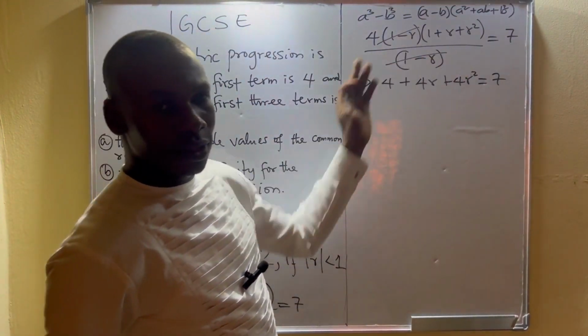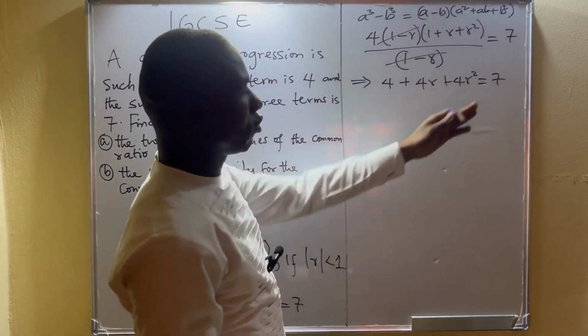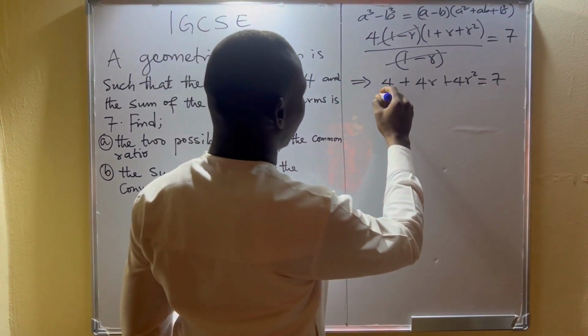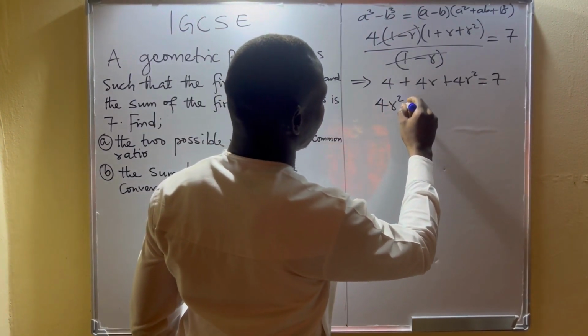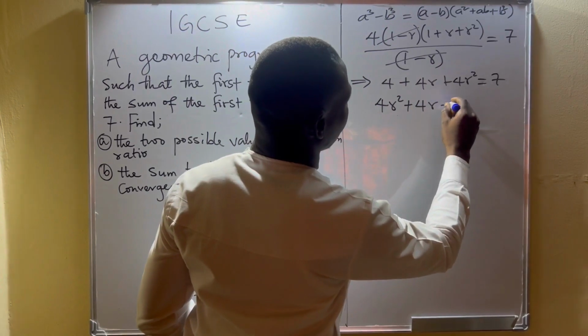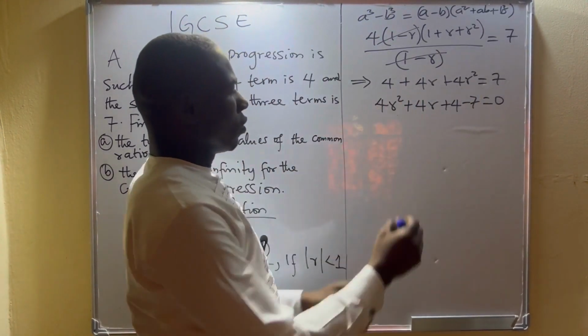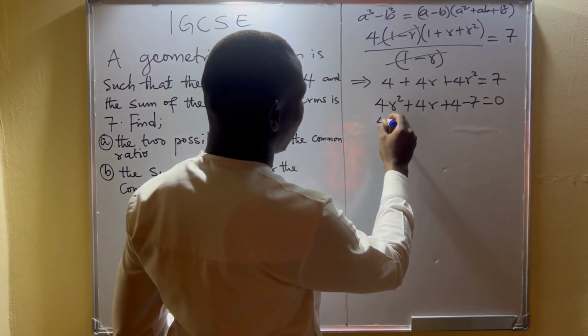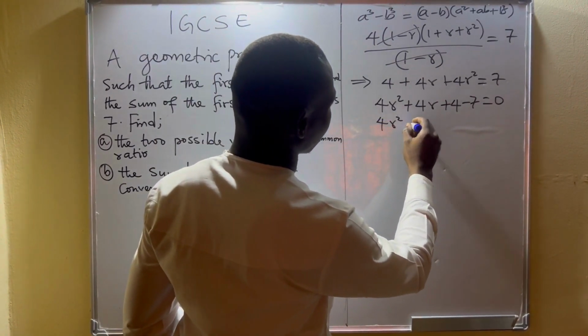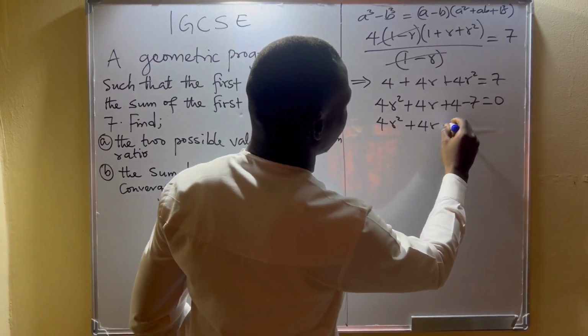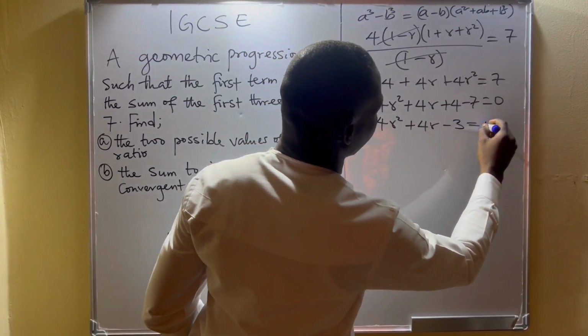When I rearrange and bring this 7 to this side, I will have 4r squared plus 4r plus 4 minus 7 equal to 0. So if I rewrite, I will have 4r squared plus 4r minus 3 equal to 0.